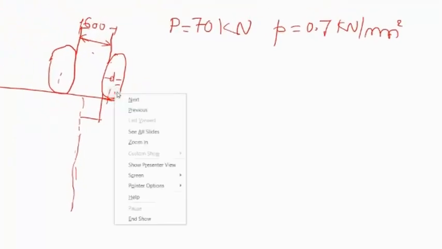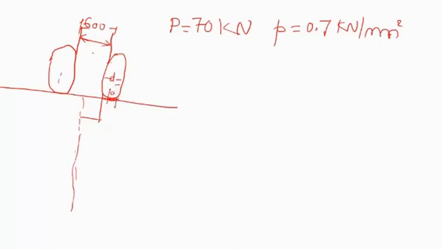And the load transferred will be how much? 70 kilonewtons. Capital P he has given as 70 kilonewton, and the contact pressure small p he has given as 0.7 kilonewton per mm square. Right. Then this is the axis of loading. And the radius of contact area is small a, so d is equal to 2a.